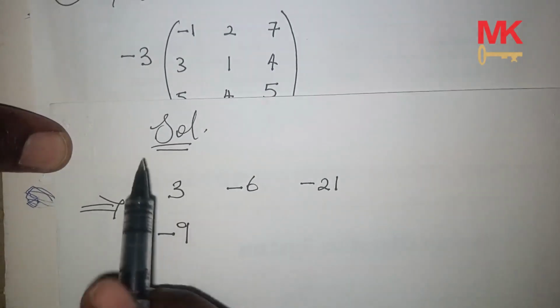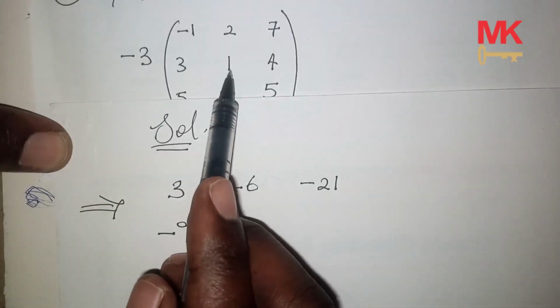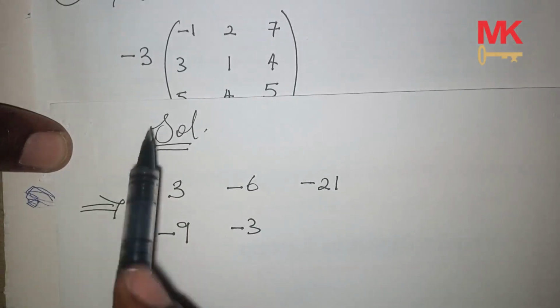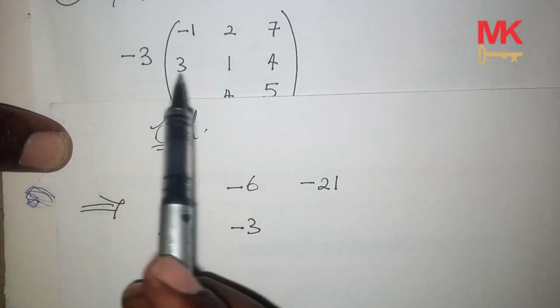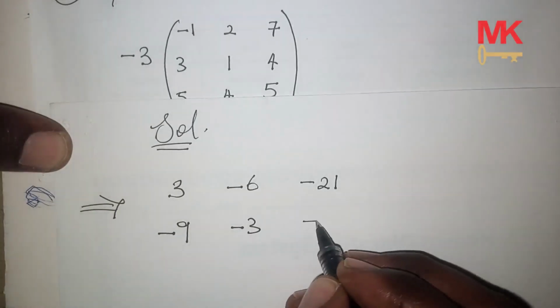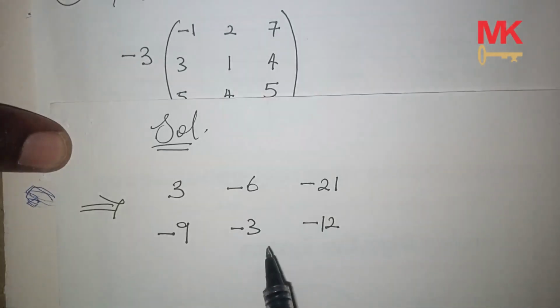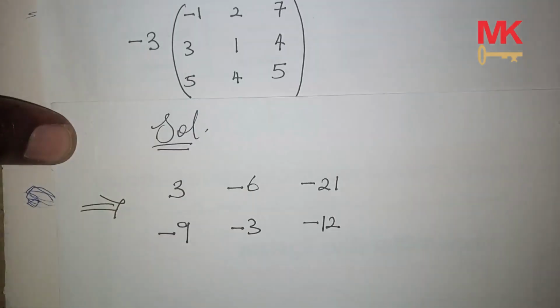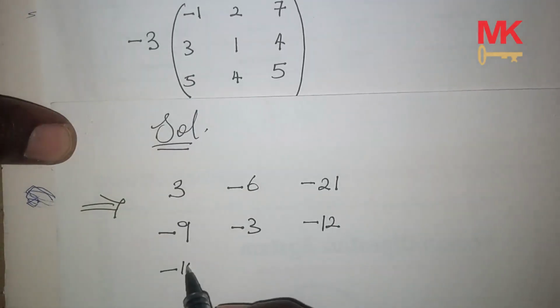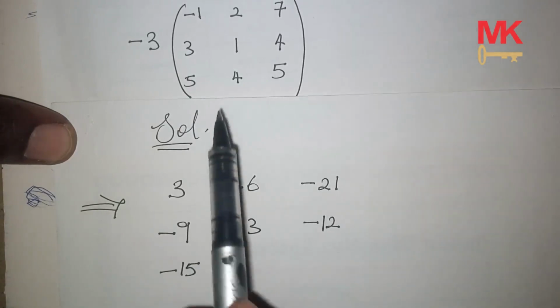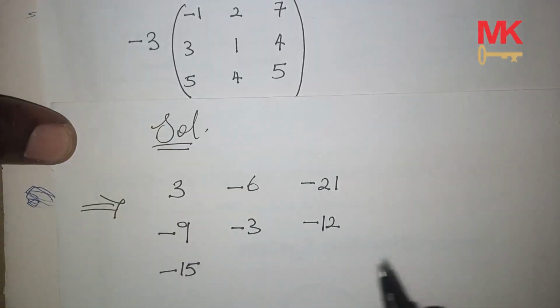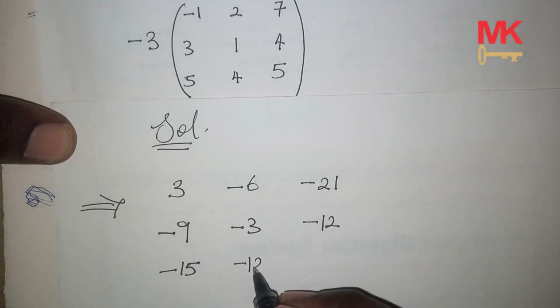Okay, let's put it here now. Negative 9. Then minus 3 times 1 gives us minus 3 again. And minus 3 times 4 gives us negative 12. And then minus 3 times 5 gives us minus 15. And minus 3 times 4 gives us negative 12 again.